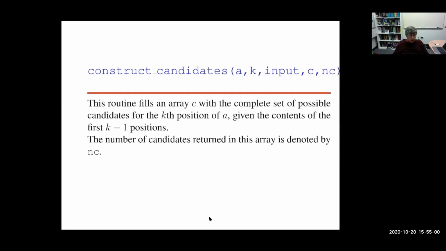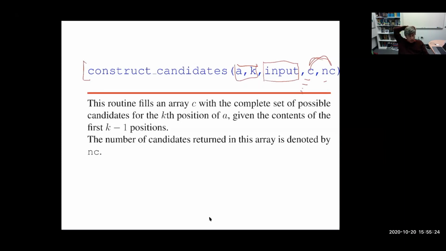A second routine that I need is something called construct candidates. What does that do? That says that I am given the partial solution I have, any other auxiliary input I need, and I'm given output arguments of an array of candidates and how many of them there are.